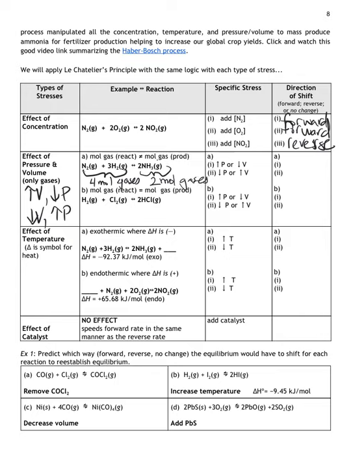So when you decrease volume, which means you're increasing pressure, now you've left less room. Now, if there's less room, what side do you think is going to be favored? It's going to favor fewer moles of gases. So you're going to try to combine more moles of gases so that you can make fewer moles of gases. And to do so is to shift in the forward direction.